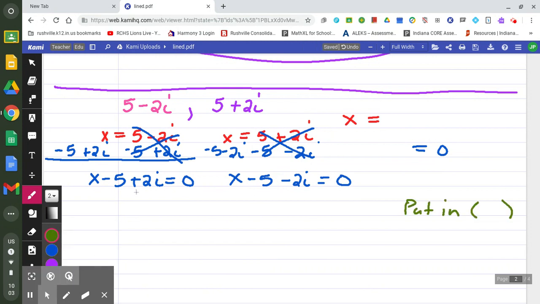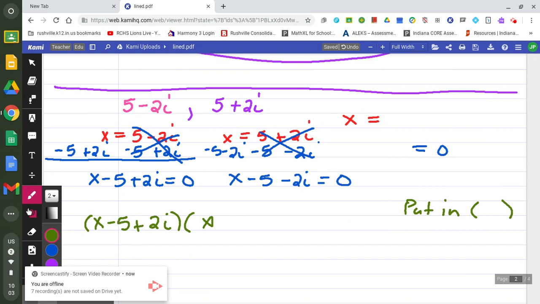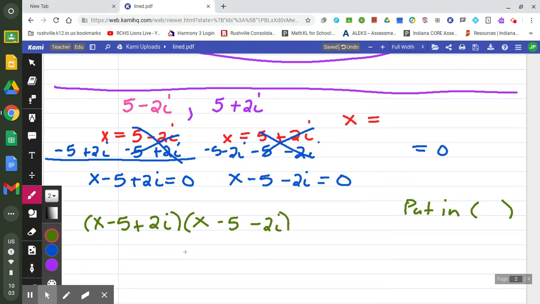So then you need to put these in parentheses. So I will have x minus 5 plus 2i times x minus 5 minus 2i. And so I will be multiplying those.